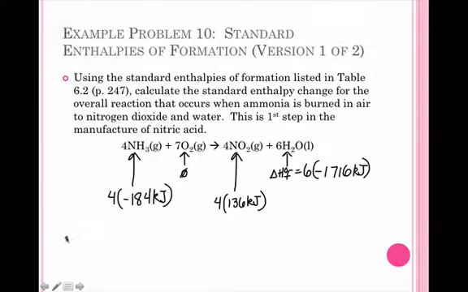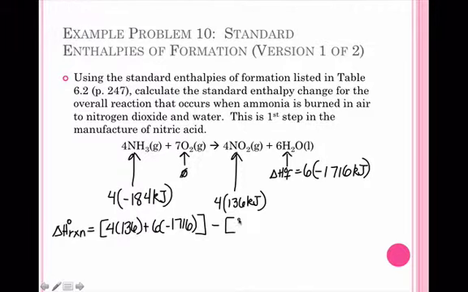So products. The product is, and this is at standard states, is going to equal, let's do a square bracket, 4 times 136 plus 6 times negative 1716, minus 4 times negative 184 plus 0.